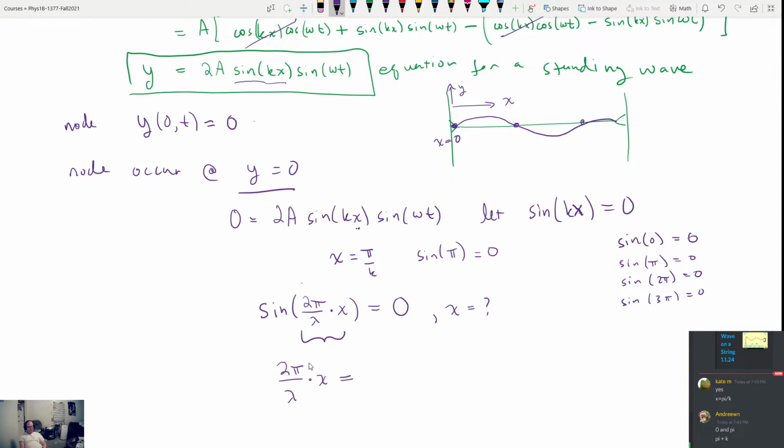What does that whole thing need to be equal to? Needs to be equal to 0 or pi or 2 pi or 3 pi, right? Would you all agree with that statement?